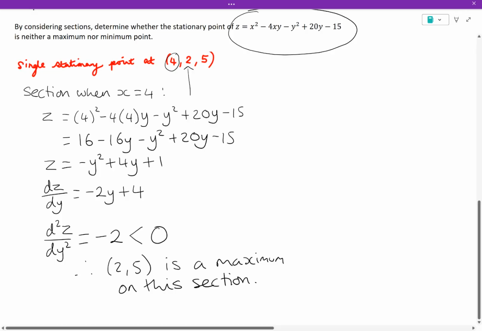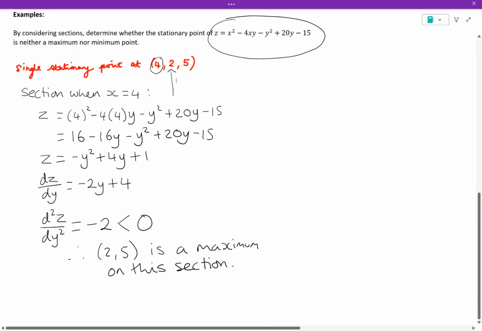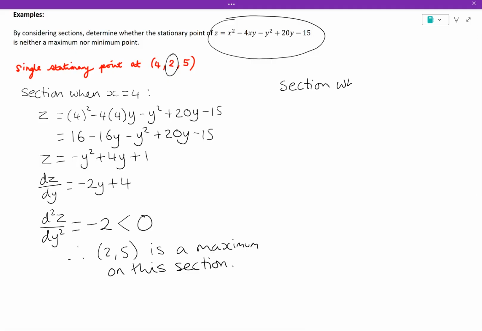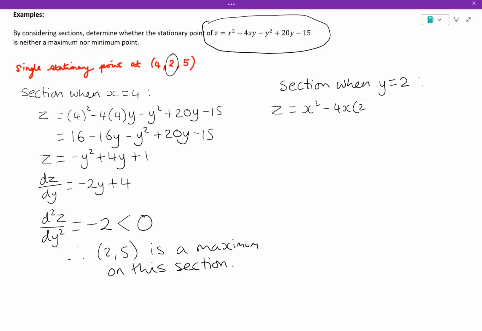So now what we have to do is repeat the process I've just done, but instead of doing the section when x equals 4, we're going to do the section when y is equal to 2. So we're going to substitute y equals 2 into our surface equation. So I'd get z is equal to x squared, take 4 times x times 2, take 2 squared plus 20 times 2, subtract 15.